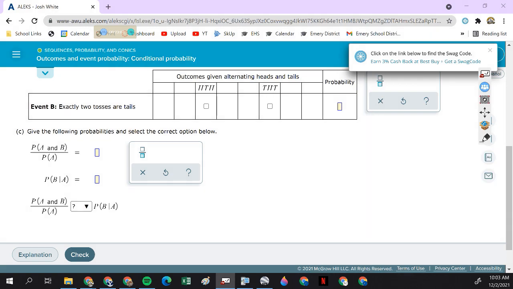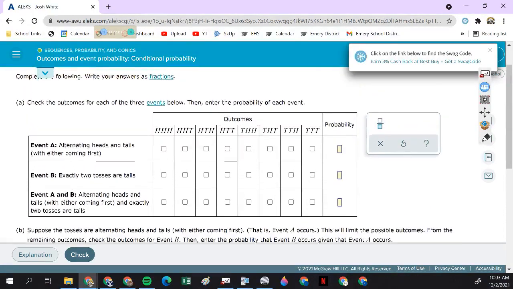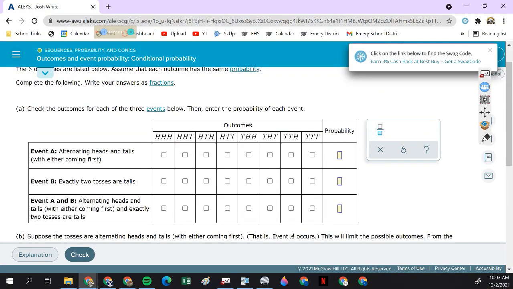Okay, so this is saying, what is the probability that A and B both happen divided by the probability of A? So we look up here. A and B. What is the probability of alternating heads and tails and having 2 tails? 1 in 8.